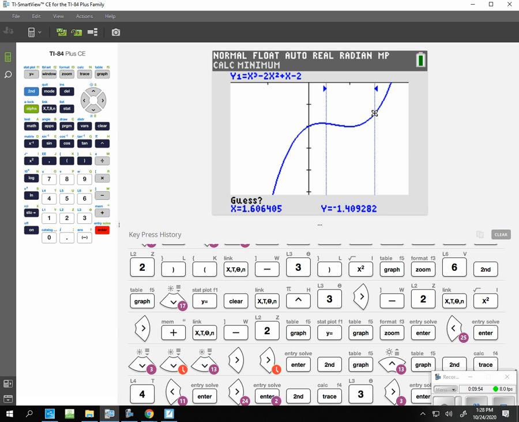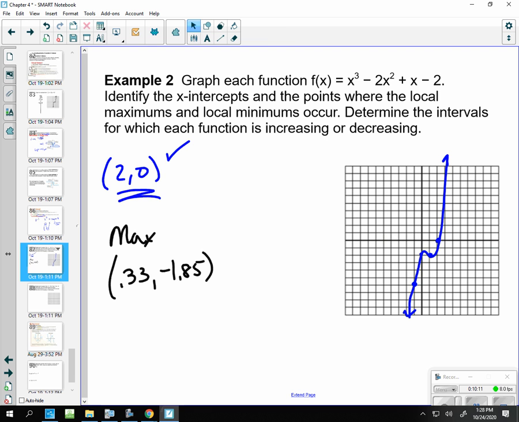So I want to know where the local minimum is in between those two spots. And so I hit enter, and I'm going to round to 2 decimal places. So 0.999, so that's 1, and -2. So going back, I have a local min at (1, -2).